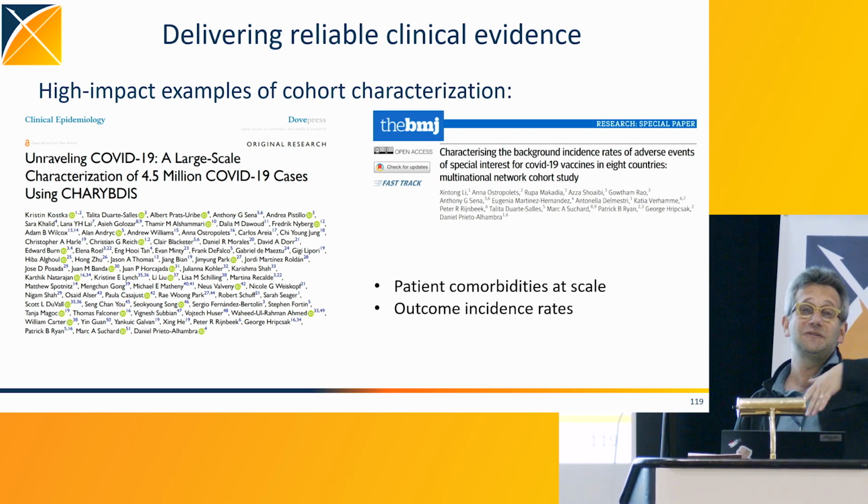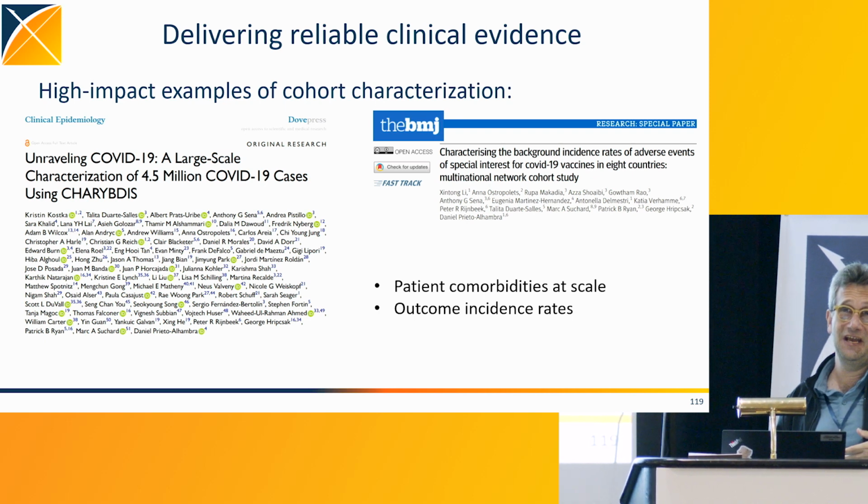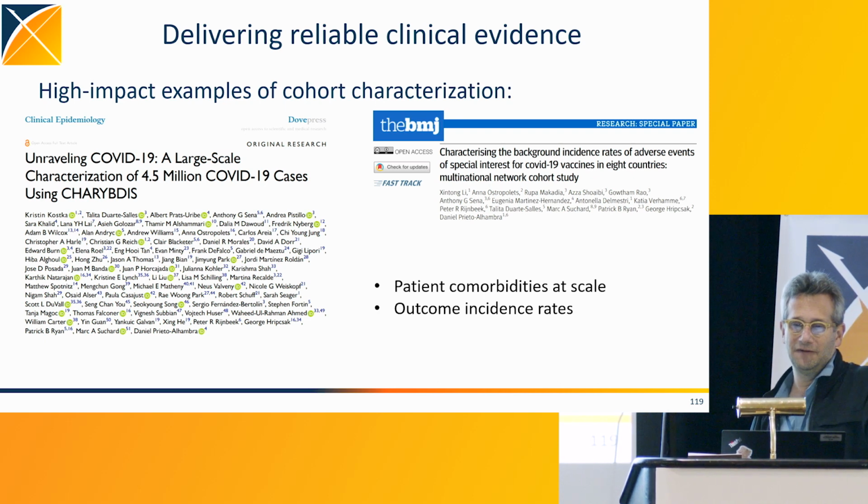One of the first steps that you might want to ask is, if I want to look for an increased association, I have to know what the rates of these events like Guillain-Barré were before the introduction of the COVID vaccination. And so we've been very good at generating these types of statistics which have an impact on clinical care or our clinical choices.